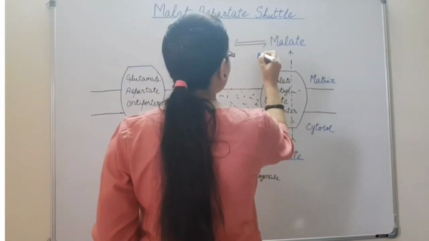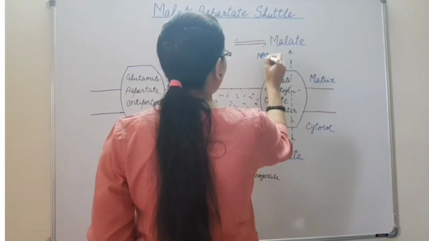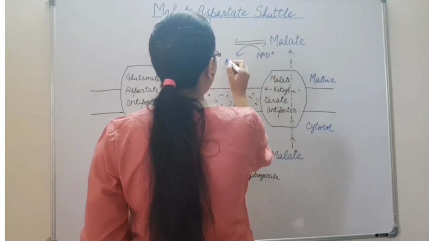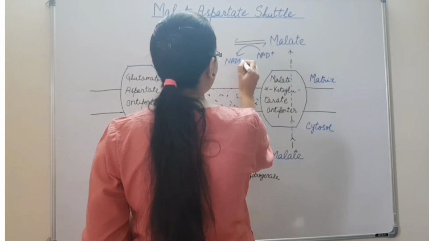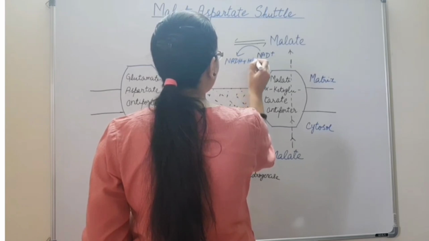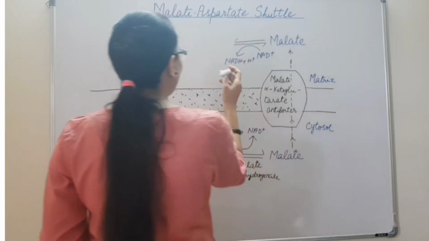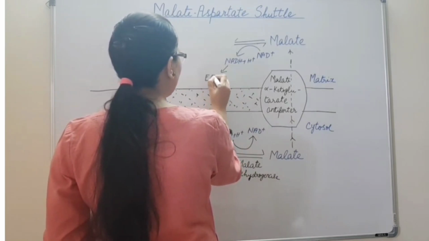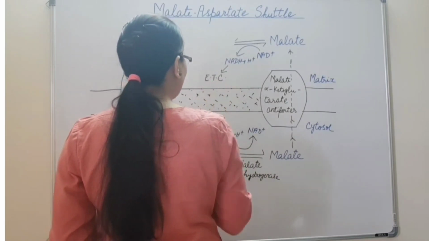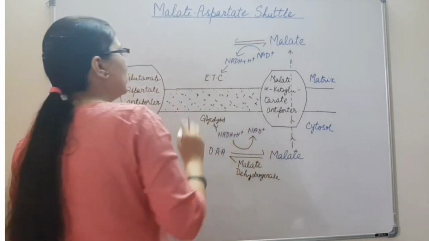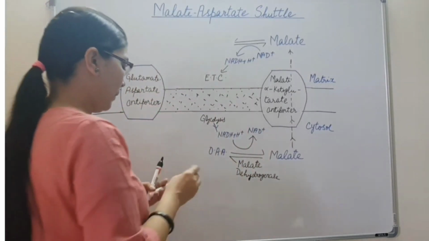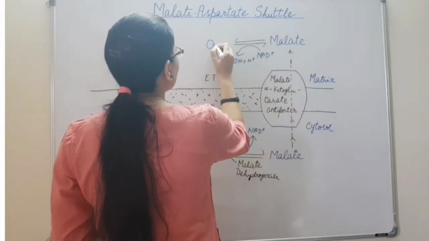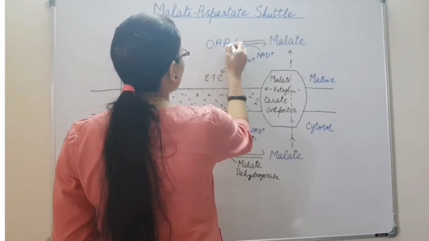In the matrix, NAD+ is present. Malate transfers its reducing equivalent to NAD+, and then it is reduced to NADH. This NADH then transfers electron to electron transport chain and ATP is produced. Malate is then oxidized to oxaloacetate.